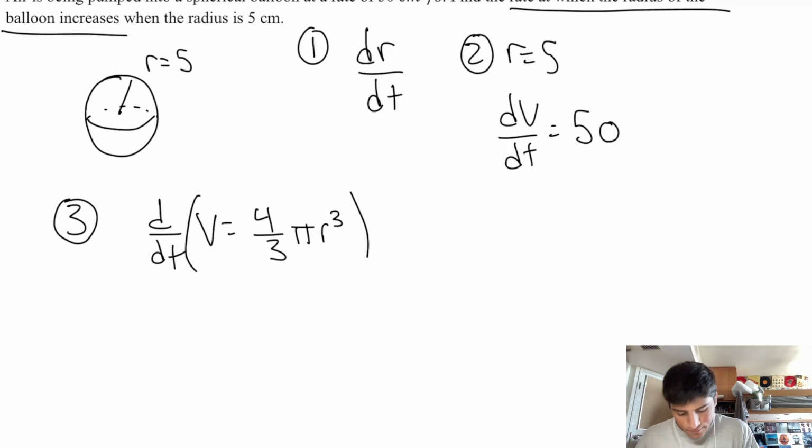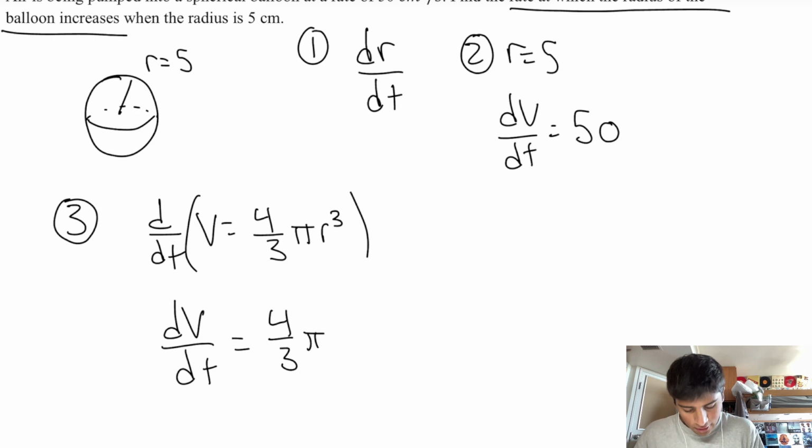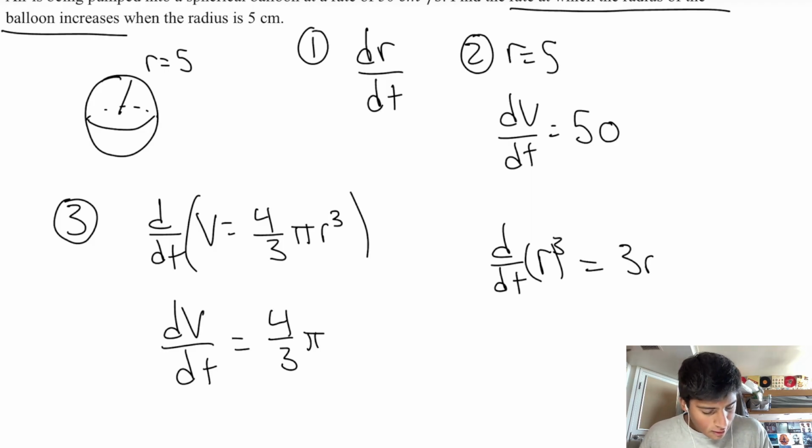Okay, we get dV over dt equals 4 over 3 pi, our constant, and when we take d over dt of r cubed, remember, chain rule: the outside, 3r squared, times the derivative of the inside, which is dr over dt.